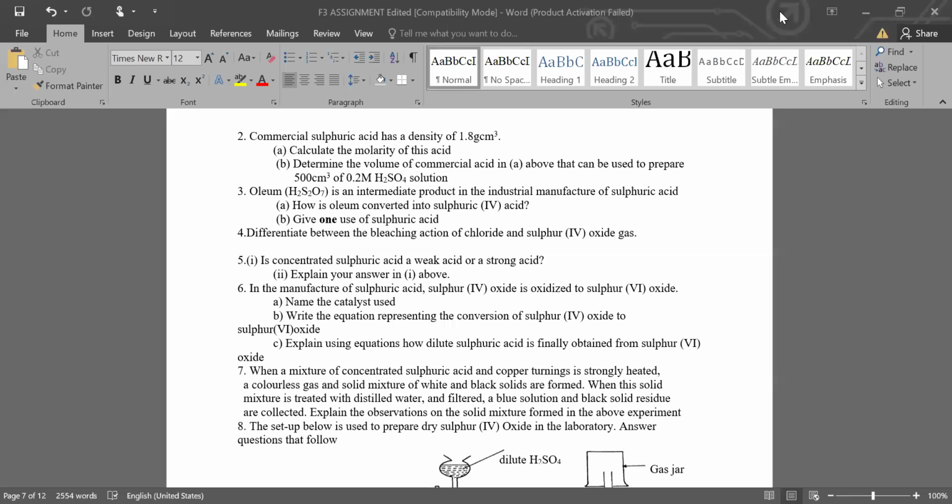So dilute hydrochloric acid, dilute sulfuric 6 acid, dilute nitric 5 acid are strongly acidic. Reason, when they are put in water, they form many hydrogen ions. If a solution has got many hydrogen ions, it is said to be strongly acidic.